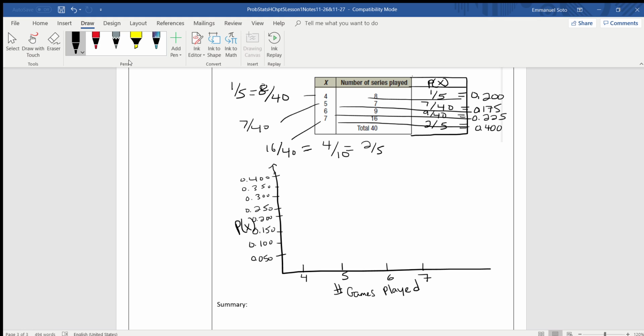So in this case, you have 0.200 here at 4. At x equals 5, we have 0.175, so it's between 0.15 and 0.200.